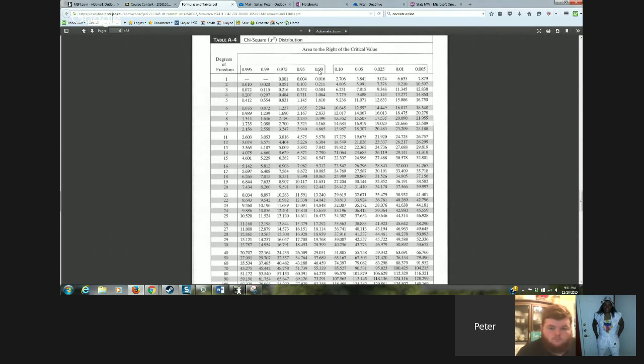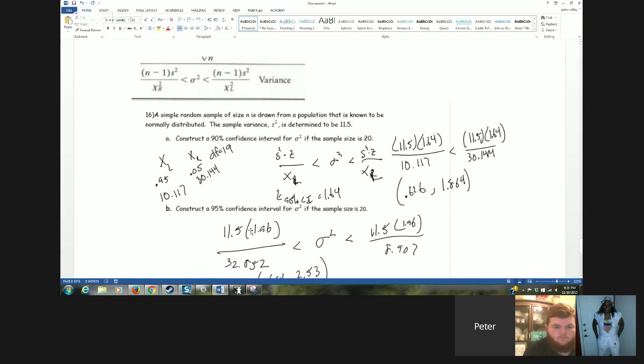So I really want the chi-square for 0.95 and for 0.05. I go down to 19, come over to 10.117, and then over to the 0.05 column and get 30.144.